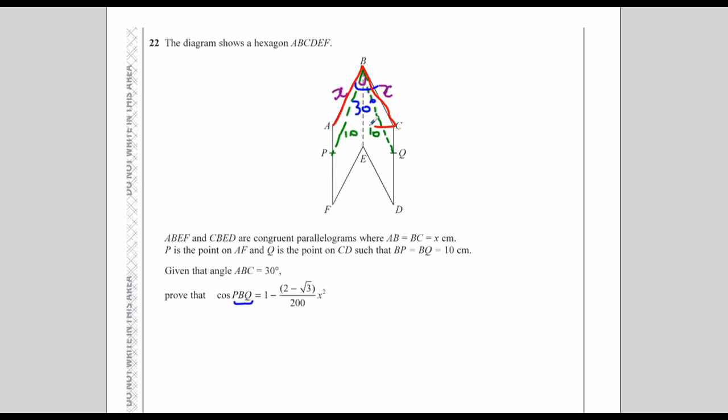If we draw the line across, sorry, it's a bit wobbly. And in this triangle, pretend all the lines are straight. 30 degrees, x, x. And we've got another triangle here.